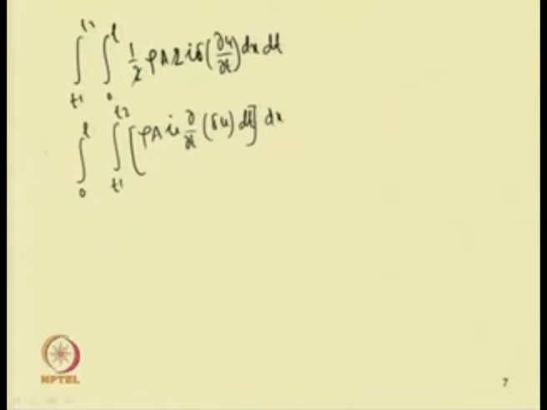So, this equation can be written in this form: rho A u dot, then changing between del and del by del t, one can write del by del t of del u dt. Now, one can use integration by parts.